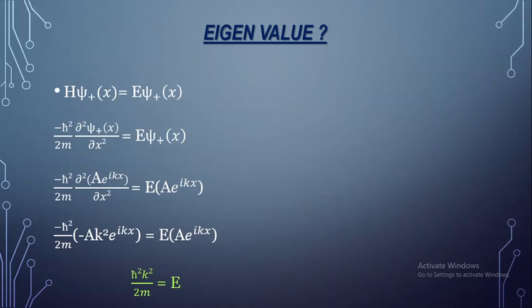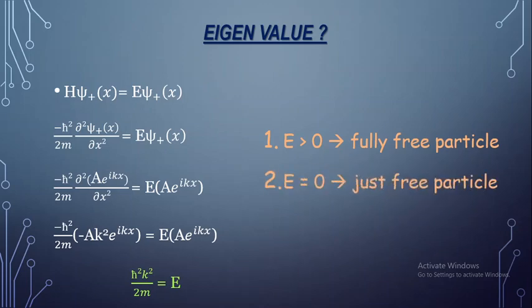And based on the energy range, we can define different particles. If the energy eigenvalue is greater than 0, it means that the particle is fully free to move, acting as a fully free particle. Let us say energy is equal to 0. Then the particle is just free, meaning it was bounded but now it is free to move, but it is not 100% free, so it is something like a boundary.